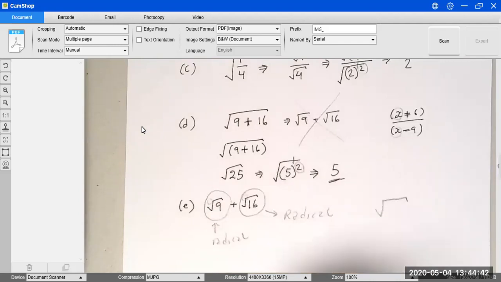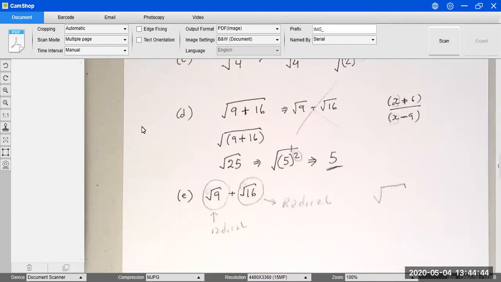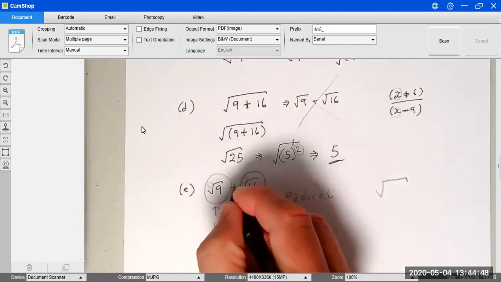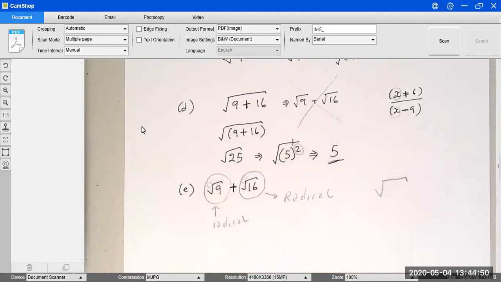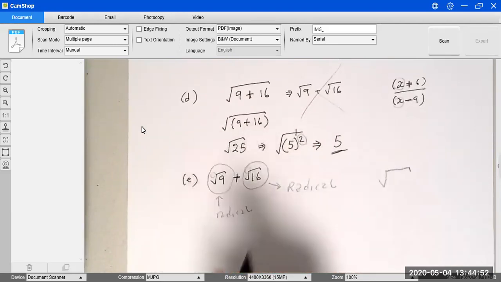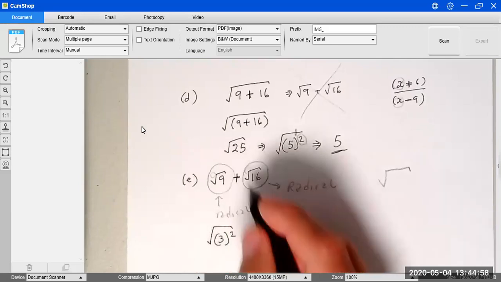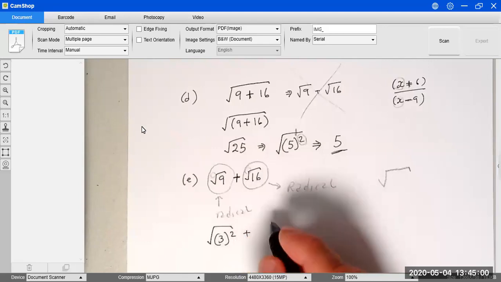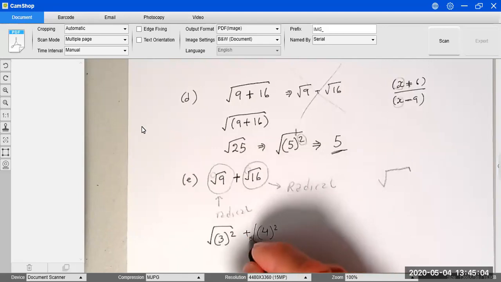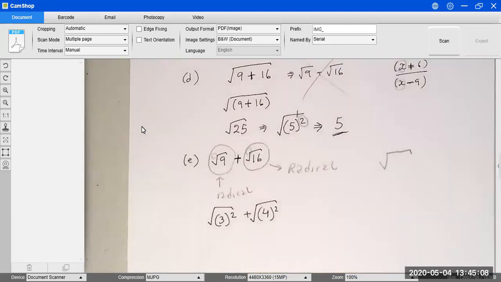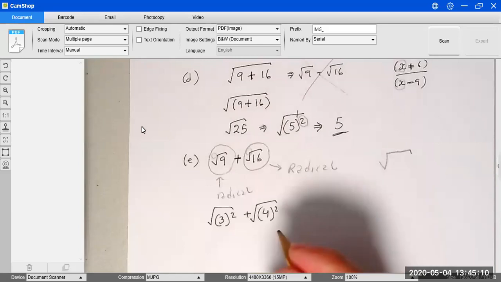In this case, we have two radicals. We're going to treat both radicals independently, and at the end, we're going to combine them with this plus that is here. You can rewrite 9 as 3 squared, with the radical sign here. Then you have this plus, and you write 16 as 4 squared, with your radical sign. Now you have two radicals, so you eliminate or cancel the ones that you can.